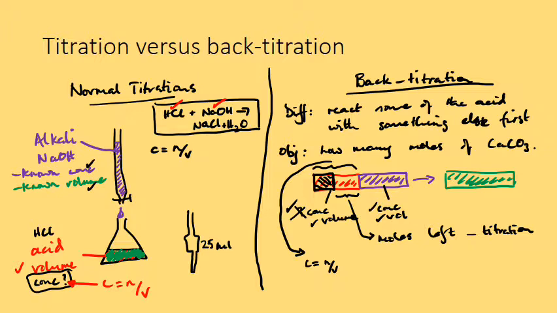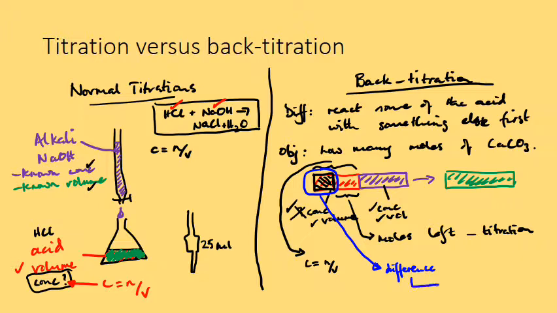Then this bit, the amount of acid that reacted, is just one take the other. It's just the difference between what you started with minus what you found from your titration that was left over. So that's the difference in moles of acid that reacted with the calcium carbonate.